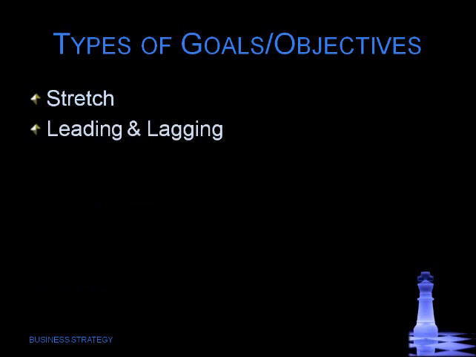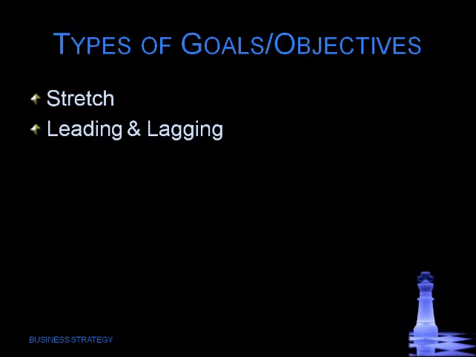We have leading goals and lagging goals. Leading goals are those that we measure beforehand. Let's say that the goal is to increase customer satisfaction. One of the objectives would be to send all of our employees to a customer relationship workshop.